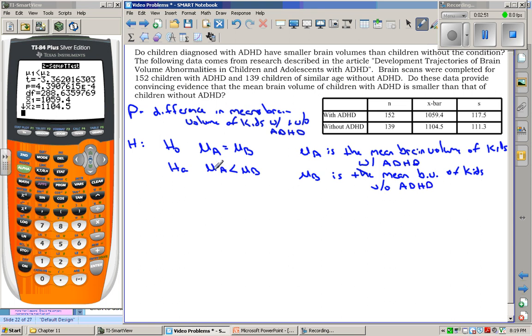The question we're being asked to decide is, is the mean brain volume of kids with ADHD less than the mean brain volume of kids without?